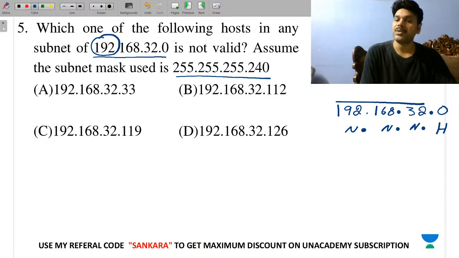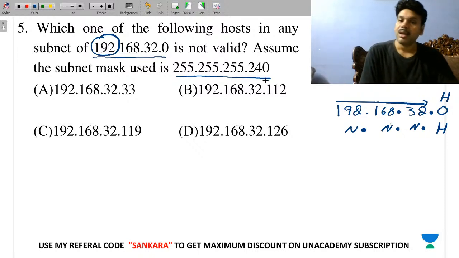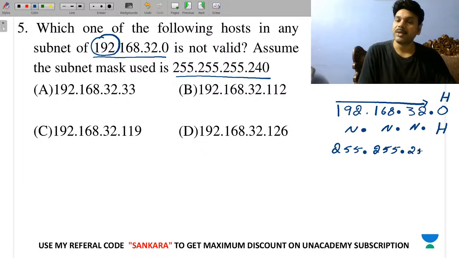We are not going to disturb these 3 octets. Our main intention is the HID only. The mask mentioned here is 255.255.255.240. In the mask also we see that the first 3 octets are NID and the last octet is HID. This is what we want to do.